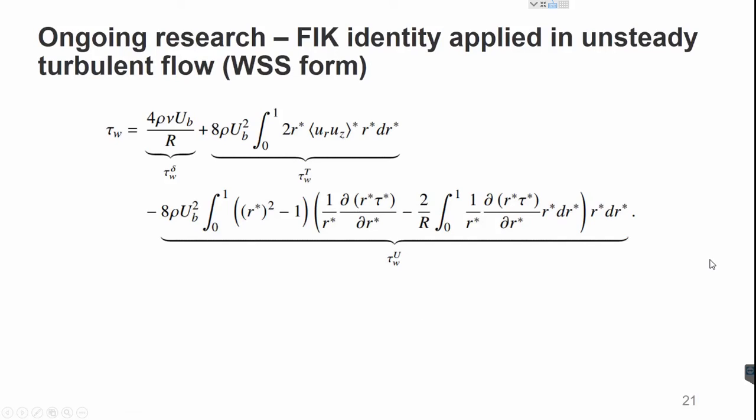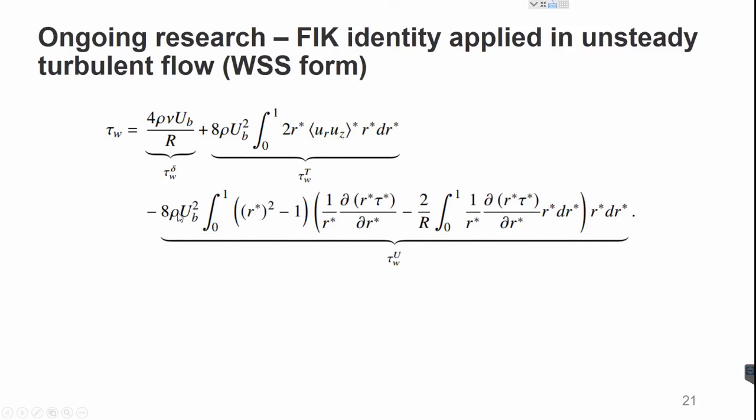So again, to analyze the difference between these two flows, to characterize them and then develop a new model, we used the FIK identity again. But in this case, we're using the FIK identity in terms of the wall shear stress instead of the skin friction coefficient. It's not a big deal.